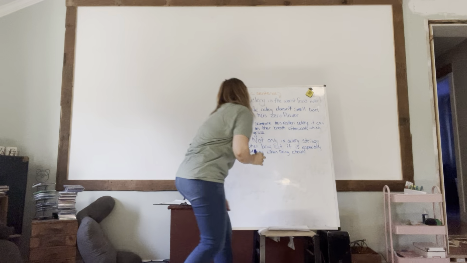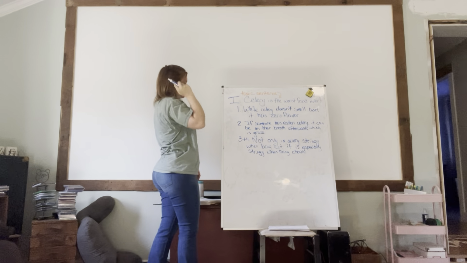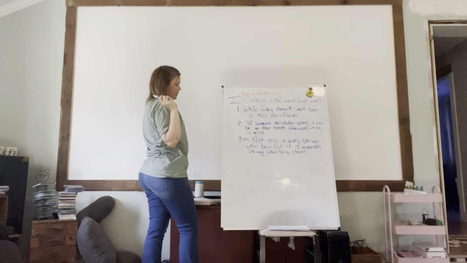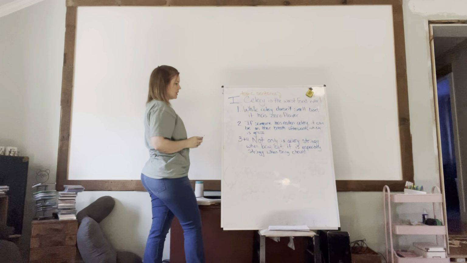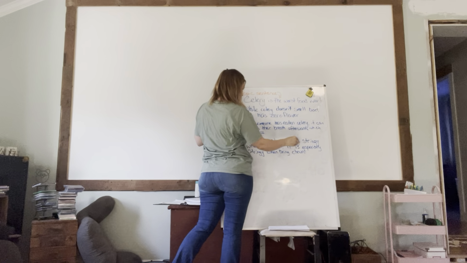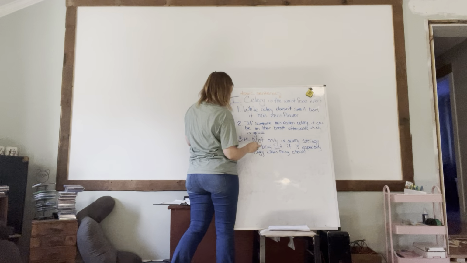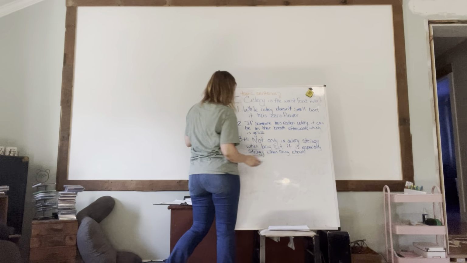All right, 3 and 4. Not only is celery stringy when being cut, it is especially stringy when being chewed. So, stringy when being cut is 3, stringy when being chewed is 4.